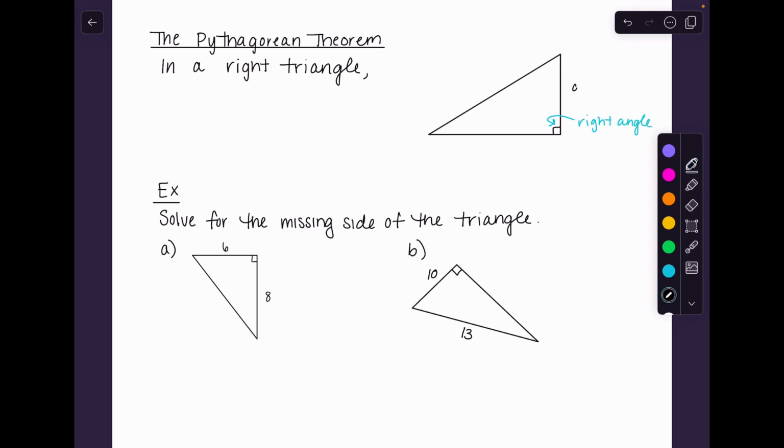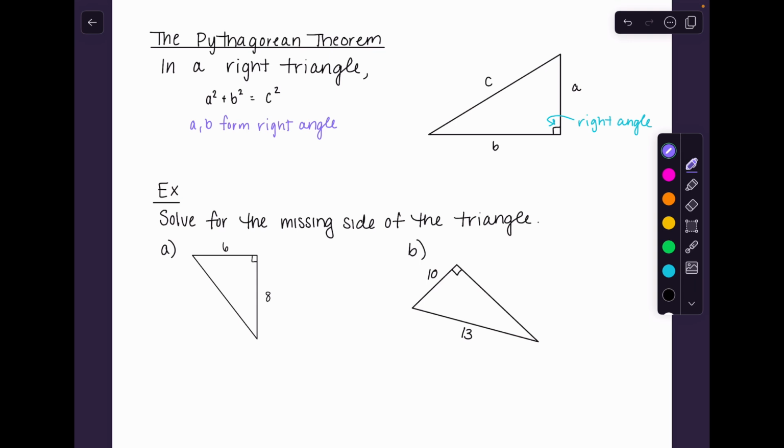We'll call the two sides that form that right angle A and B, and the longer side across from the right angle C. In any right triangle, if you take a squared plus b squared, it's going to equal c squared. So a and b form that 90-degree angle.